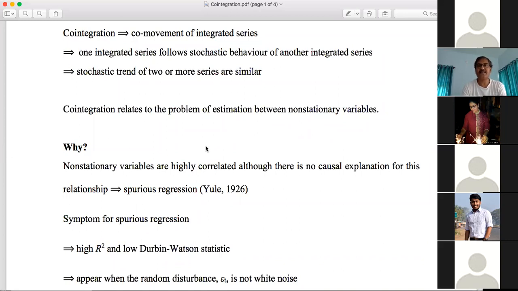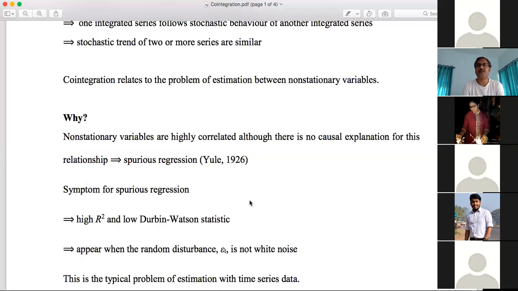So spurious regression means, in statistical sense, you have got a highly significant result. That is, your regression coefficient is highly significant in terms of t statistics, in terms of the value of r squared, etc. But in reality, there is no meaning at all of this relationship. So this kind of regression is called the spurious regression.